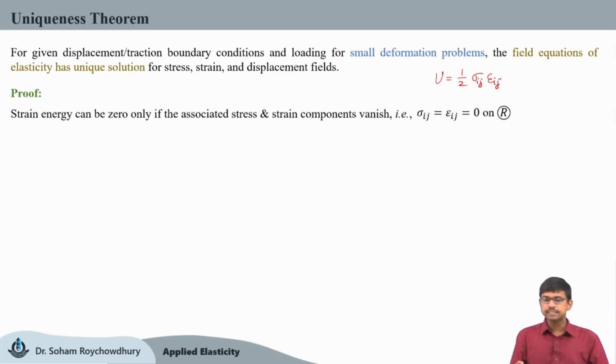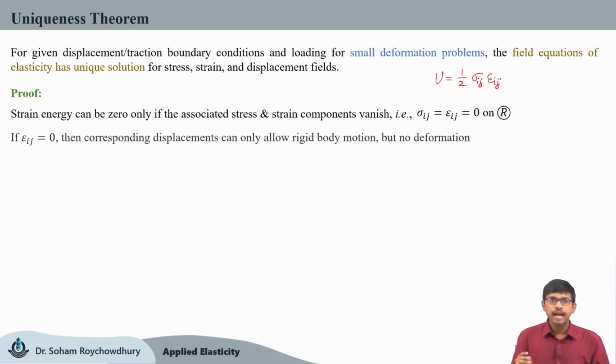So, both sigma ij and epsilon ij being 0 on the entire domain, and using the strain displacement relations, epsilon ij being 0, no strains are allowed within the body. So, the body can only have some rigid motion without any elastic deformation.